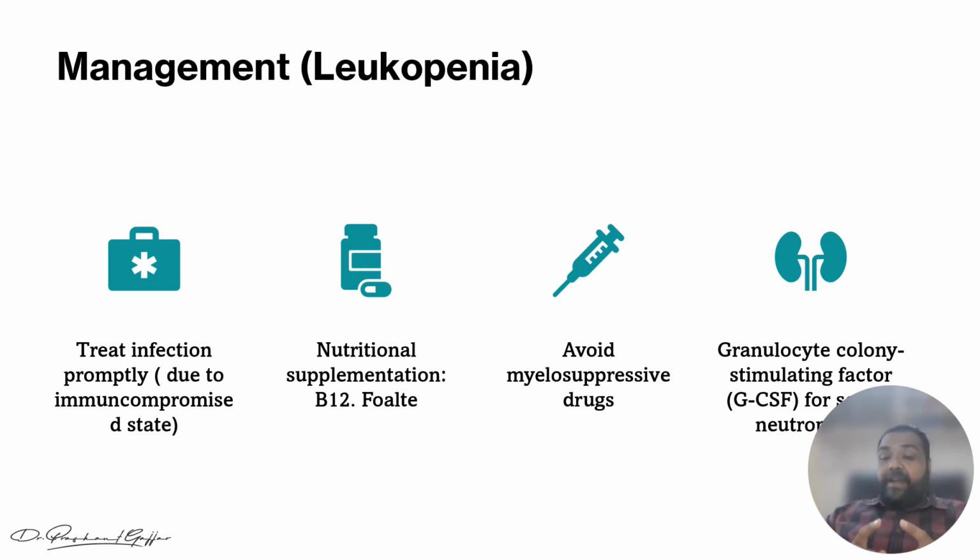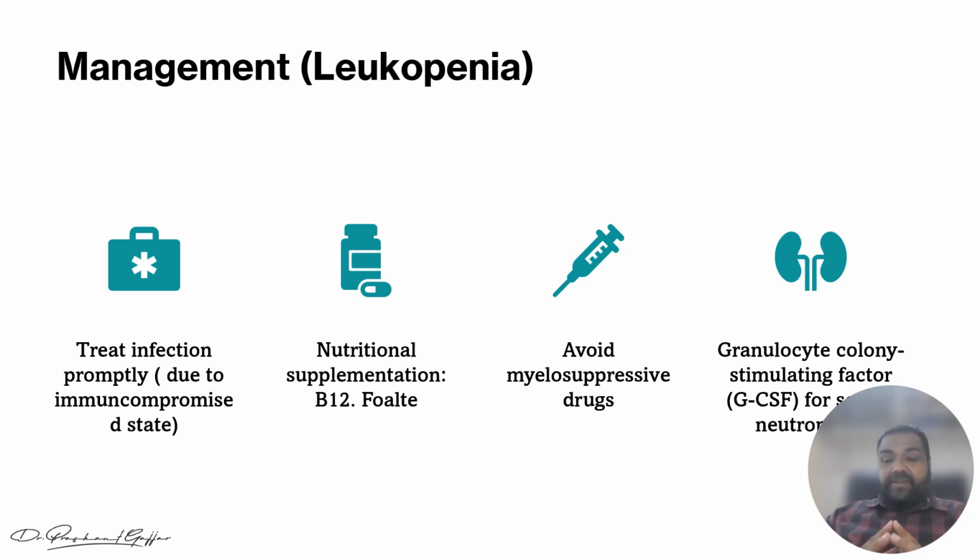We have to avoid drugs that suppress the bone marrow and suppress erythropoiesis. Avoid myelosuppressive drugs. And if there is a neutropenia, severe neutropenia, then we give the granulocyte colony stimulating factors, GCSF, but only and only in the case when there is a severe neutropenia, right?